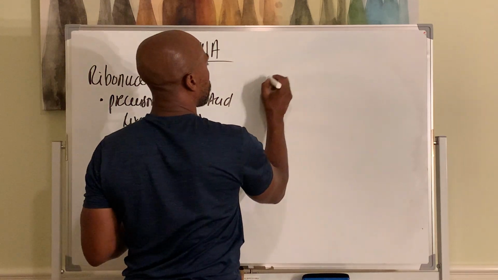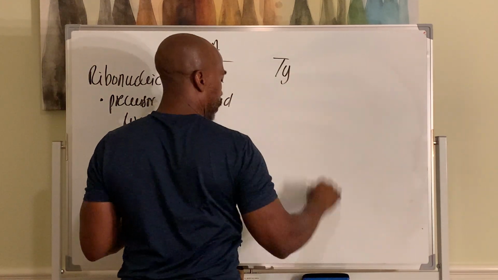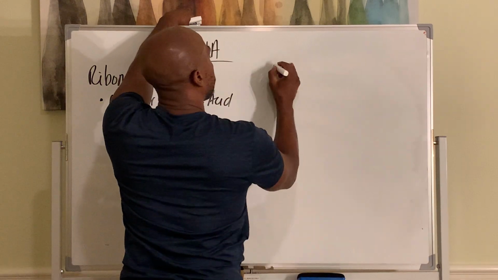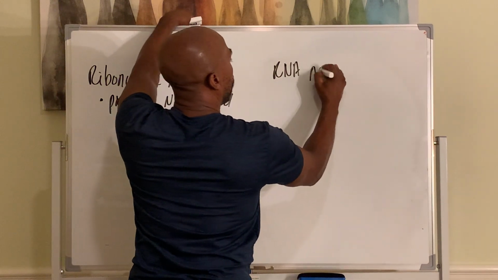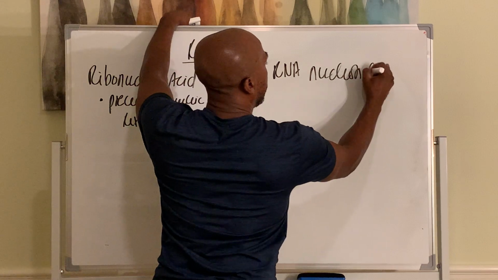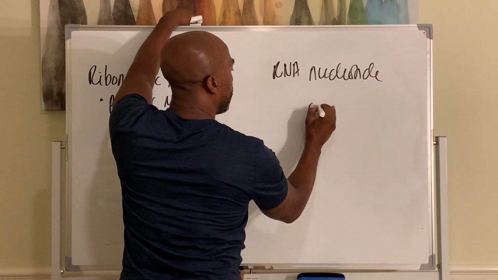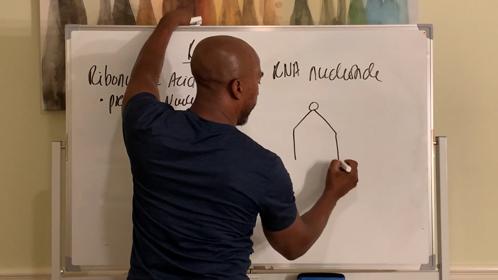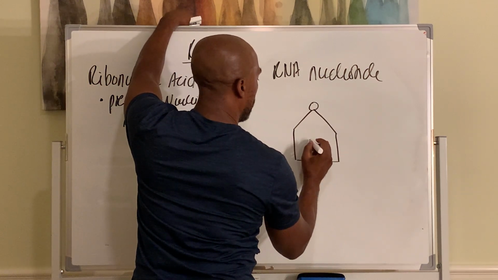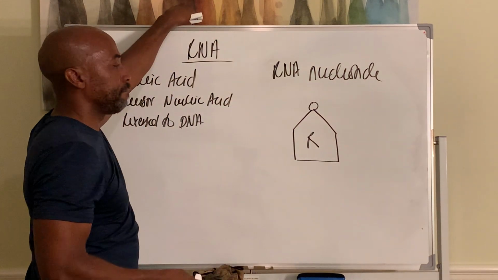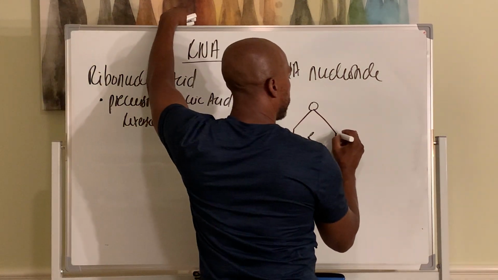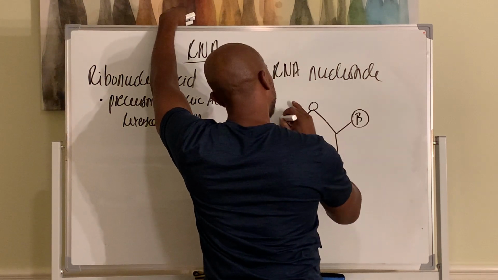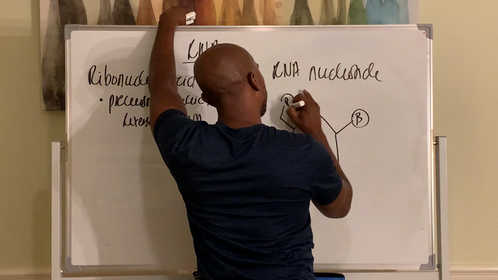First, before we discuss the types, the RNA nucleotide. Again, a nucleotide is a nucleotide, but this time the sugar in RNA is ribose. Attached to number 1, you have bases. Attached to number 5, you have a phosphate group.